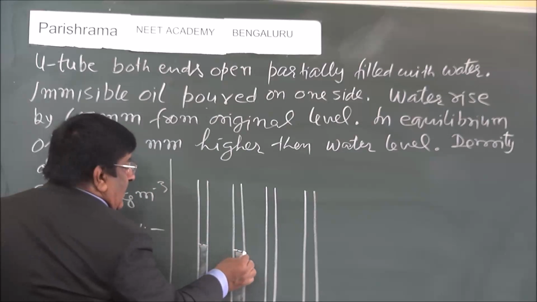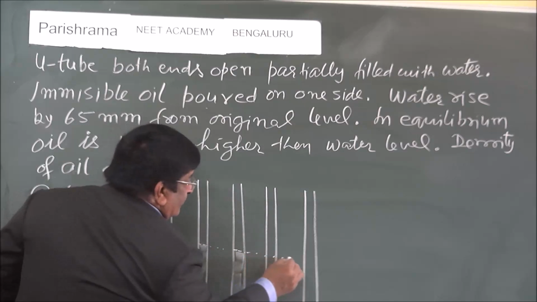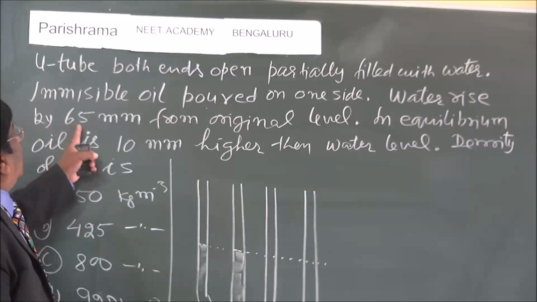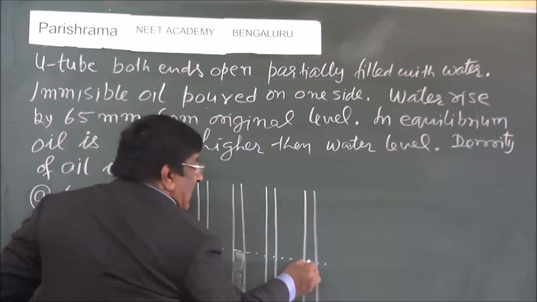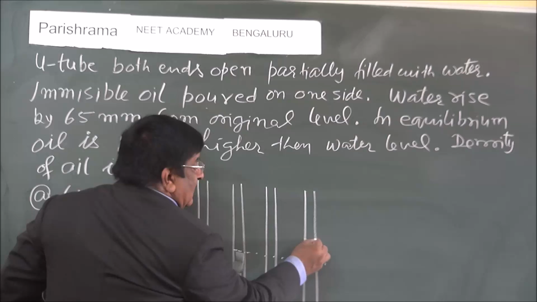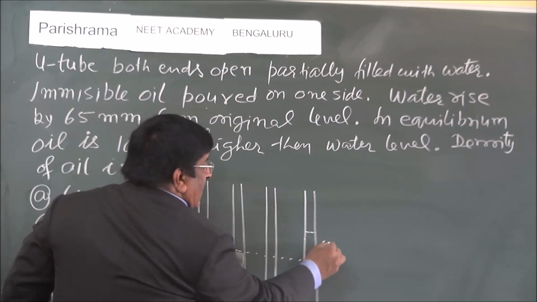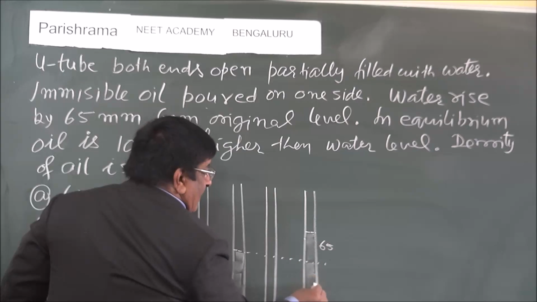From this level, this is the original level. Read it: water rises by 65 millimeter from the original level. So water rises here by 65 millimeter. Okay, so water comes up to this level.